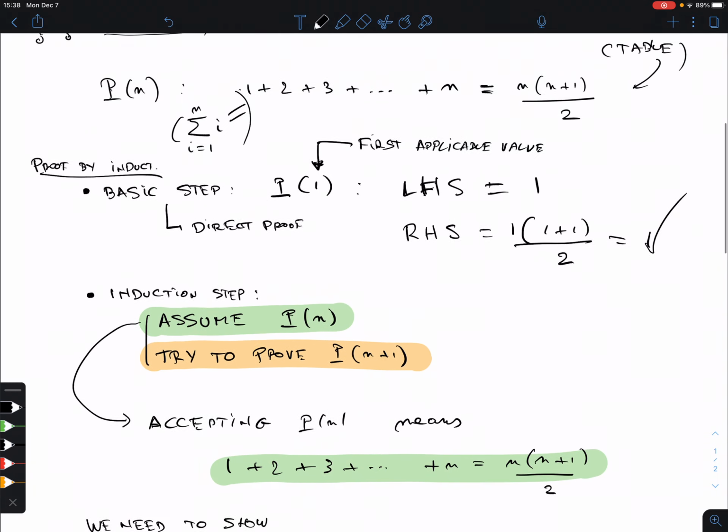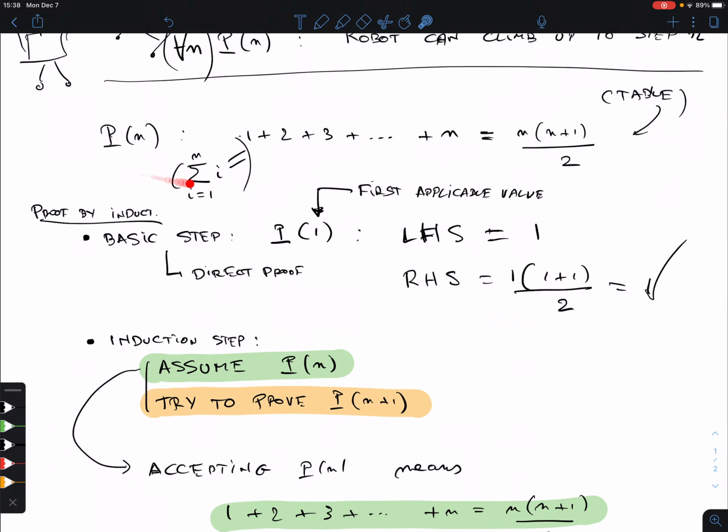Well, in this whole big statement, every time you see an n, you replace it with n plus 1. That is the difference between Pn and Pn plus 1: in Pn plus 1, it's not the value n, but the value n plus 1.